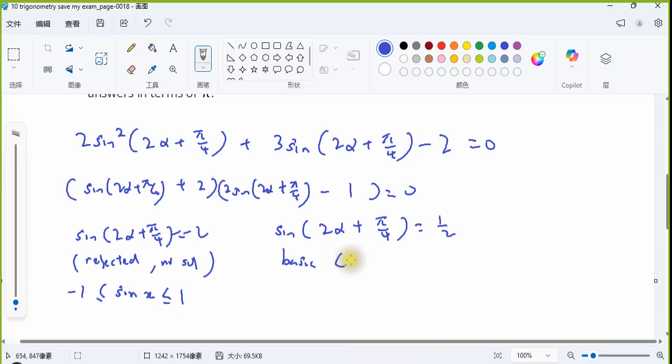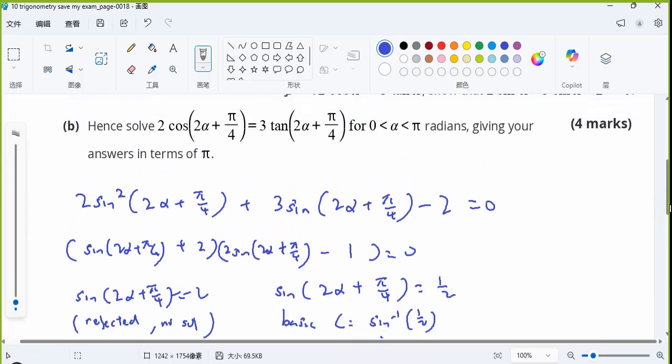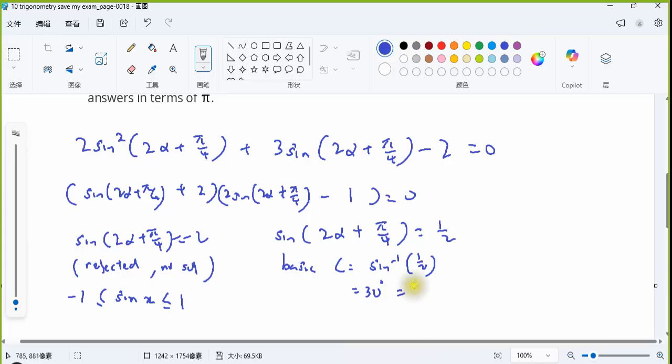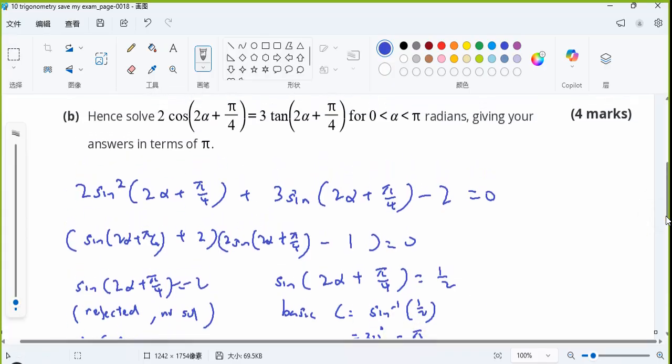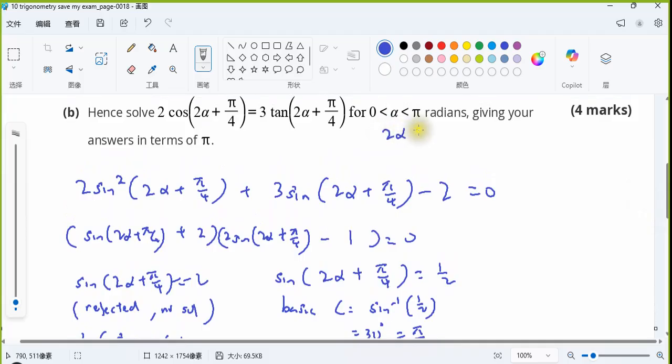So the basic angle will be the arc sine of half, which is 30 degrees, a special angle, or pi over 6. So 2 alpha is between 0 and 2 pi, and then 2 alpha plus pi over 4 is between pi over 4 and 9 pi over 4.